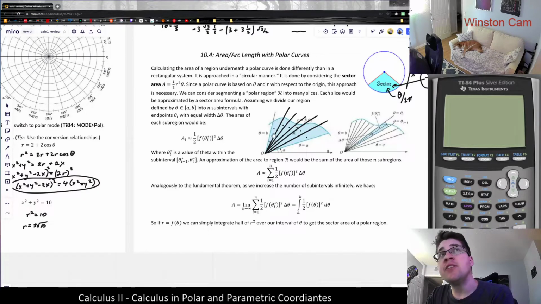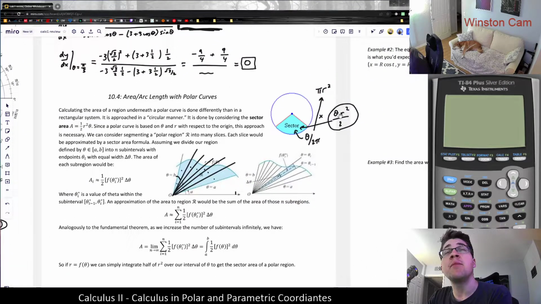The area of each of those subregions is approximated by 1/2 f of theta squared, or r squared, times d theta. And if you're thinking, okay, what does all this mean? Well, d theta is just the change in theta, which, if we think about the sector area formula, would be our theta parameter itself.